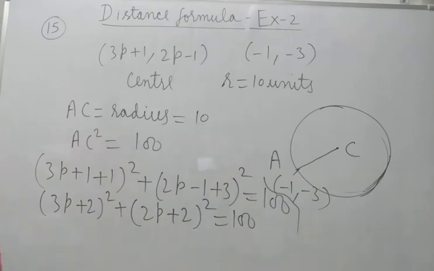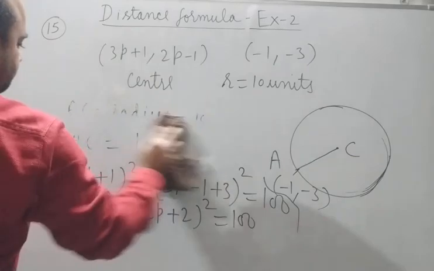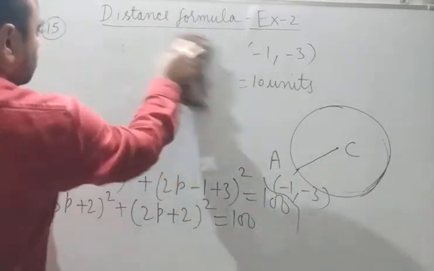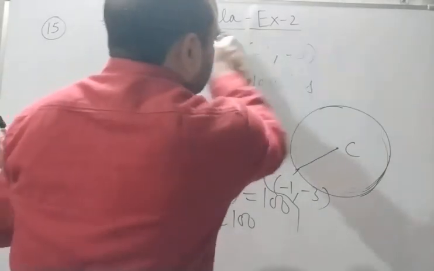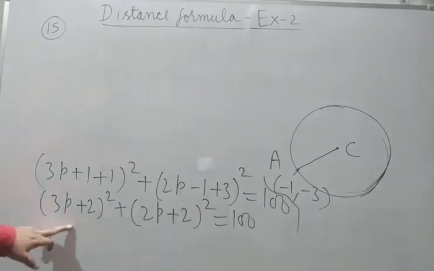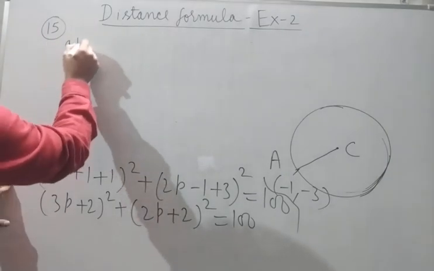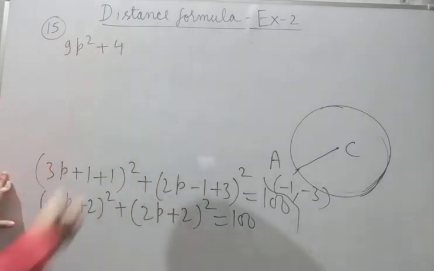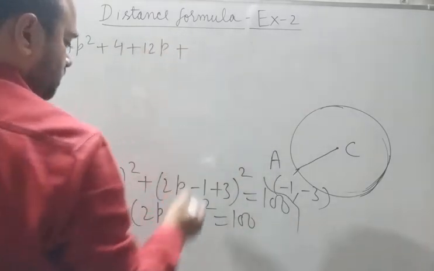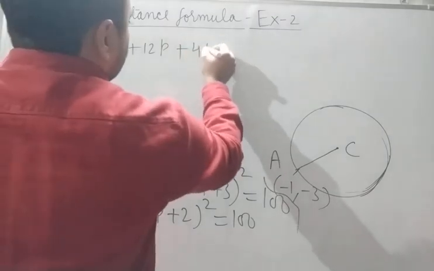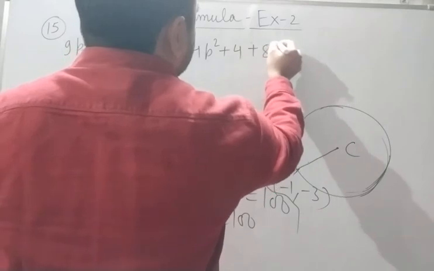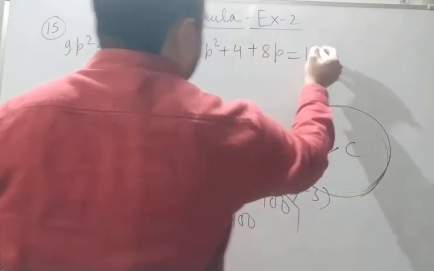So this will give 9p square plus 4 plus 12p plus 4p square plus 4 plus 8p is equal to 100.